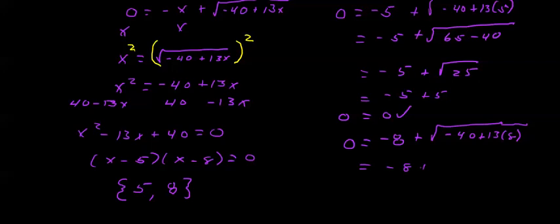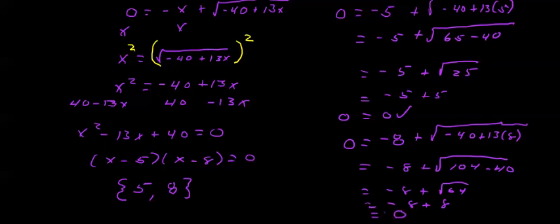Negative 8 plus the square root of 104 minus 40. Negative 8 plus the square root of 64. Negative 8 plus 8. Zero is equal to 0, and it checks.